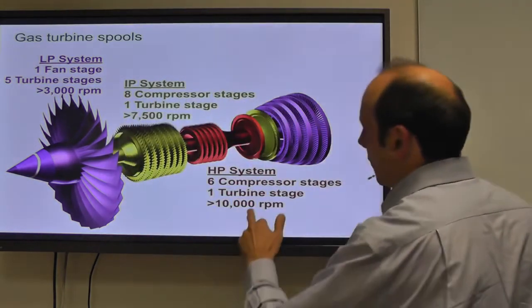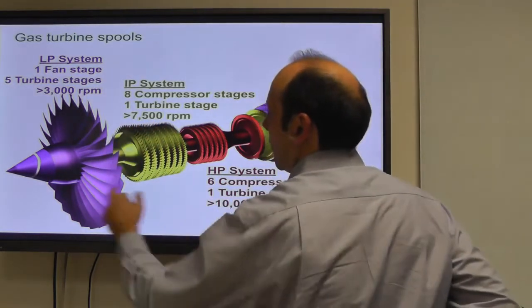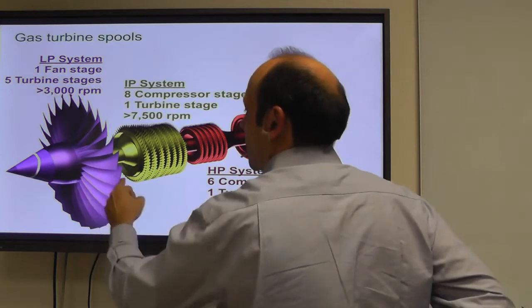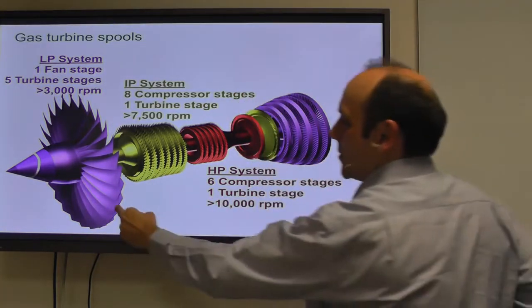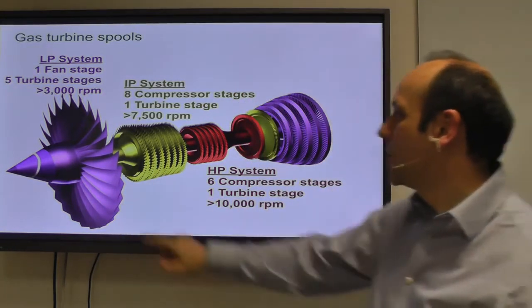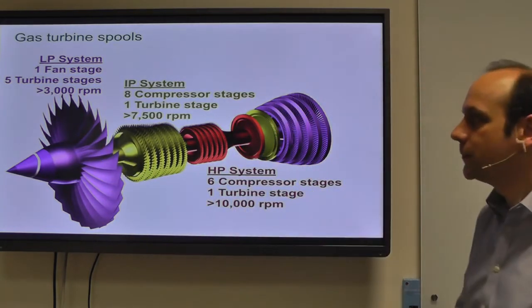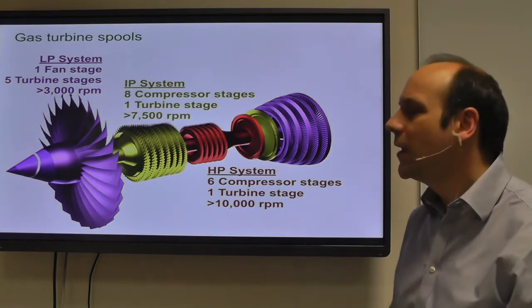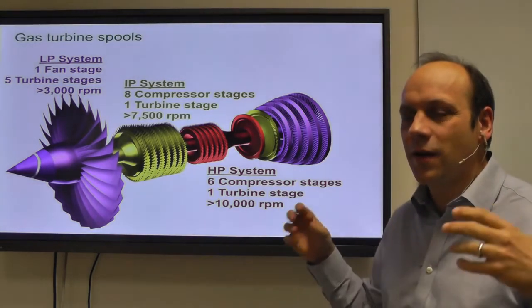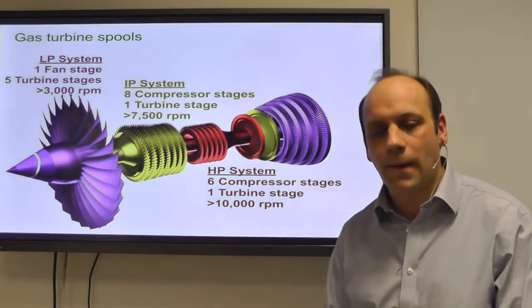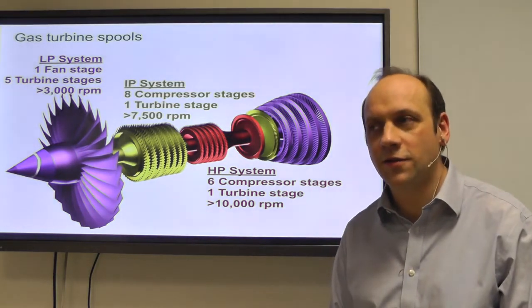And the thing to notice, therefore, is also the speeds are very different. When you have this big fan blade here, you've got big centrifugal forces, and so you need to be at relatively low speeds if this isn't going to be supersonic. So that takes you down to 3,000 RPM, whereas here you'll go up to 10,000 RPM, you're much faster. And those are big speeds. They're not big speeds relative to something like a supercharger or turbocharger.